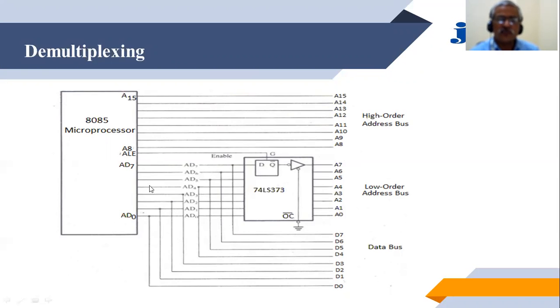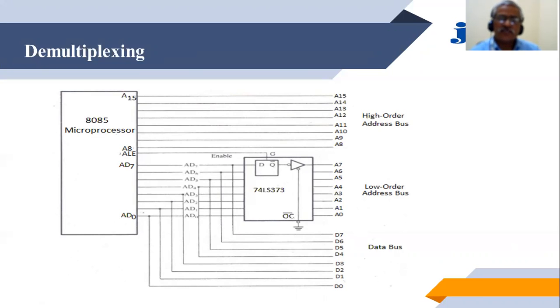Another interesting thing to note is that the 8085 has a 16-bit address. There are 16 address lines on the 8085. However, the 8085 itself is an 8-bit microprocessor. 8-bit microprocessor means the data size, the word length of the 8085, is 8 bits, whereas it can address up to 64 kilobytes of memory.